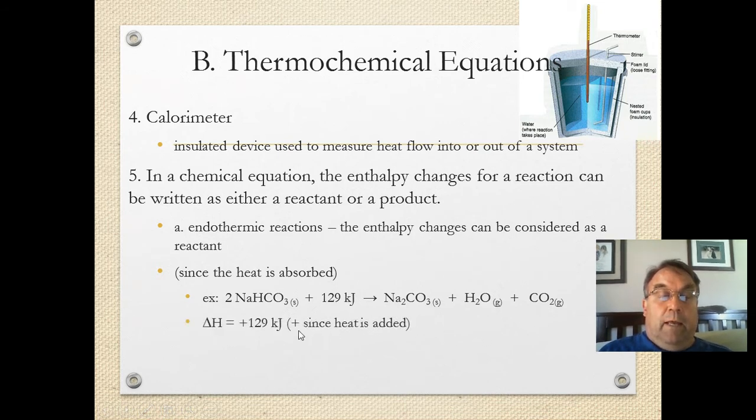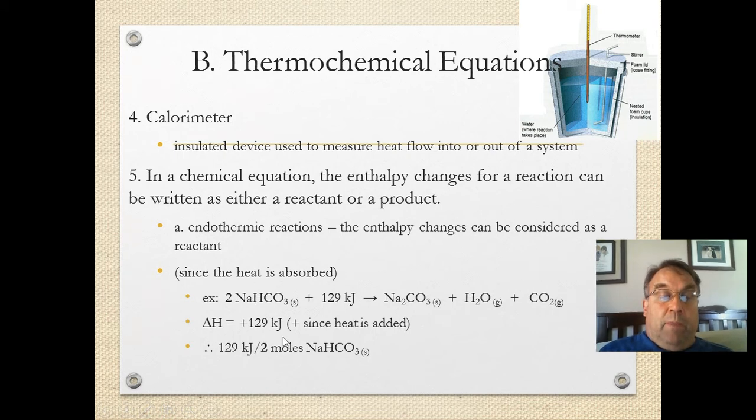Okay, now if you remember back in the first part of the notes when we talked about endothermic reactions, we said that the delta H is positive, so we could then say there's 129 kilojoules of energy added into the system. That's how much more energy these products have than these reactants.